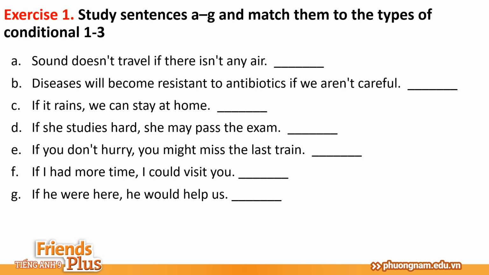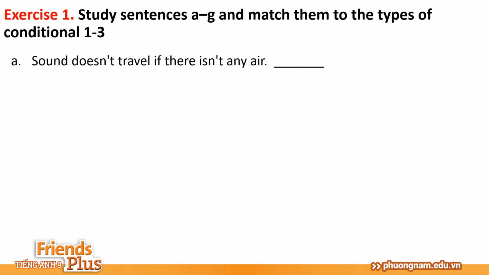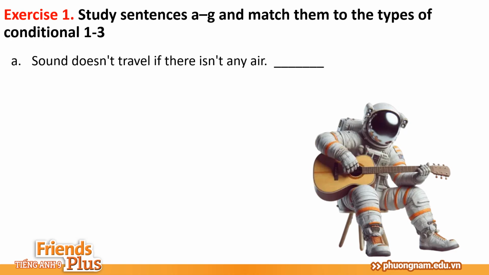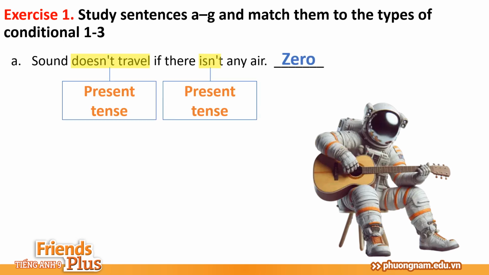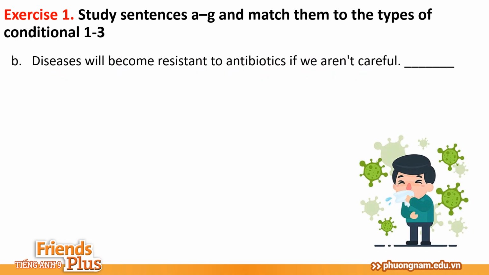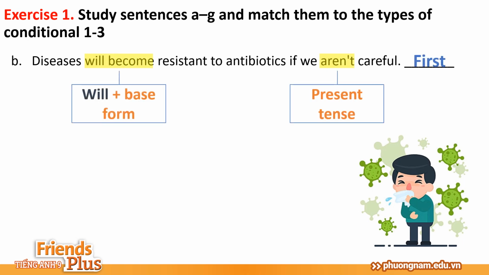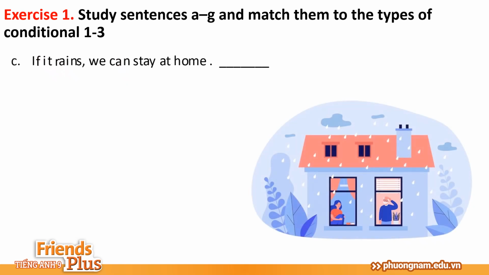Look at the yellow highlight carefully. A, zero. B, first. C, first.